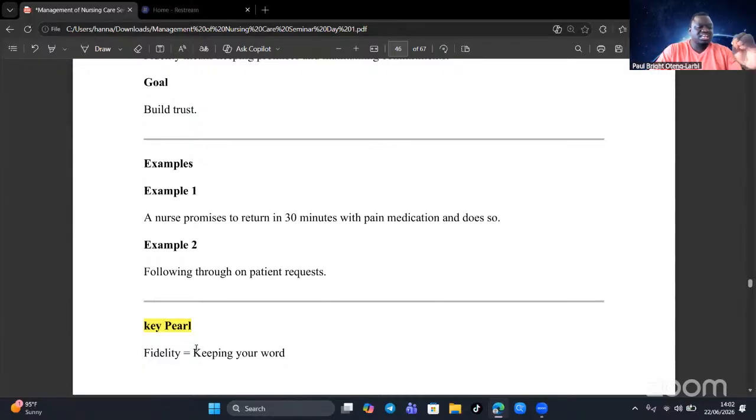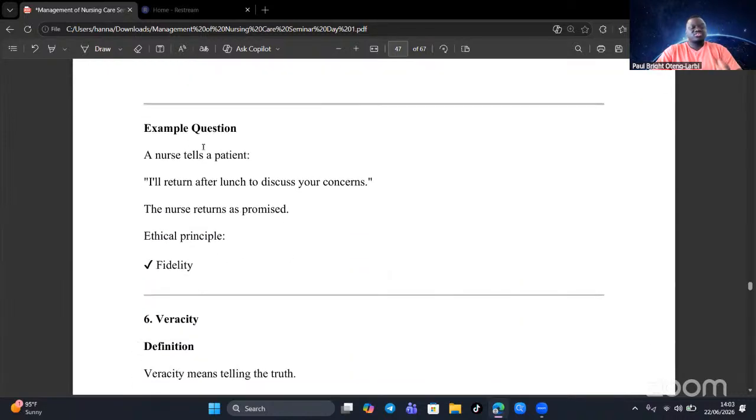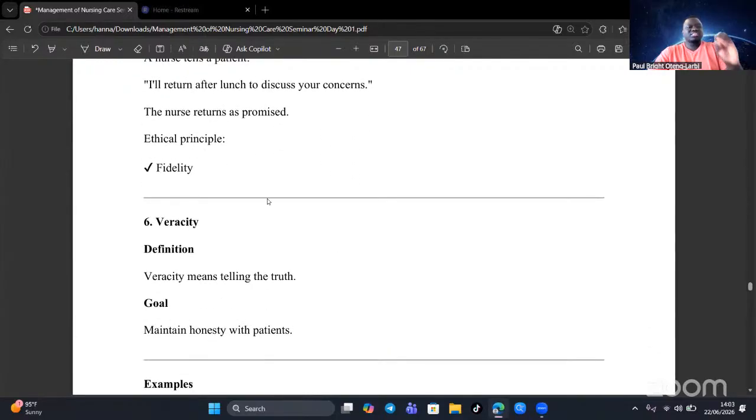So fidelity has been achieved because the nurse kept his or her word. That is fidelity. Okay. Then the nurse also tells the patient, I will return after lunch to discuss your concern. The nurse returns as promised. So fidelity has been achieved.